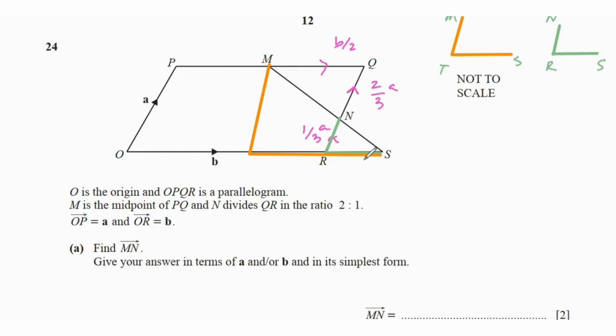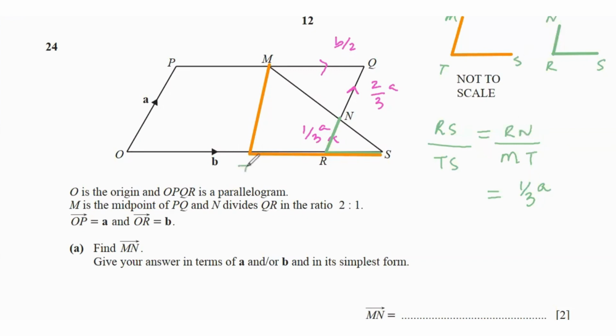So what we can do is that since these two triangles are similar, we can create a ratio where we can say that RS over TS equals NR over MT. We don't know what RS is, but we know that NR is 1/3 of A. I think NR is RN actually.